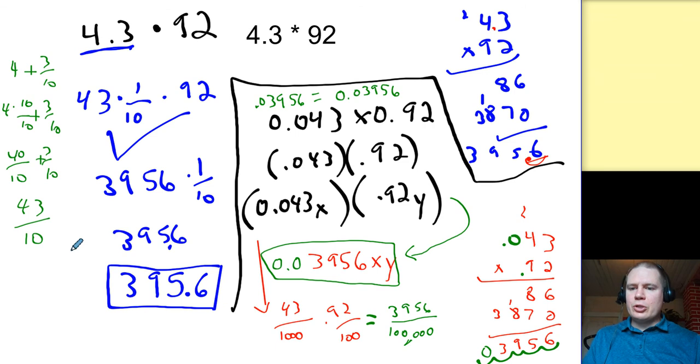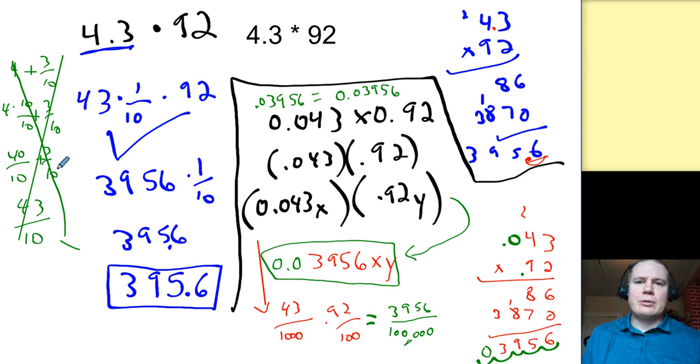But you don't need to show all of this work, right? We're just seeing this as a 2-digit number in the tenths place, 43/10. I'm treating it as a 2-digit number and then just recognizing at the end where my place value compares. So don't write this even if that is technically what we're doing. It just makes it seem more complicated than it is. Okay, that's how we multiply decimals.